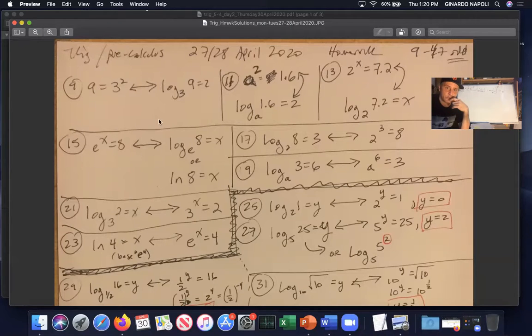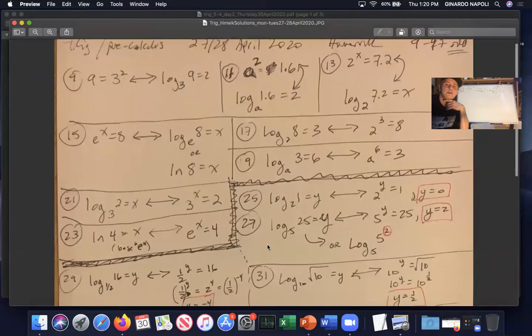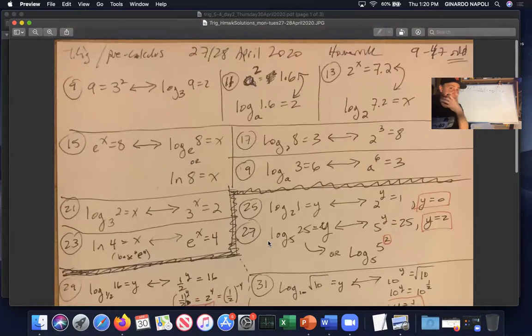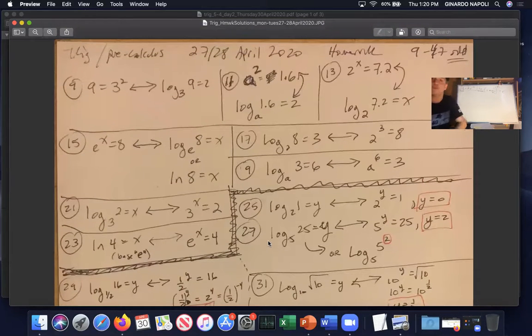So here, this first part, probably all the way up to 27 and a little bit further, you were switching to the exponential or switching to the logarithmic. Again, the base is 3, so that's why the little number 3 by the log. The exponent's 2, so this is going to equal 2, and then the value's 9.